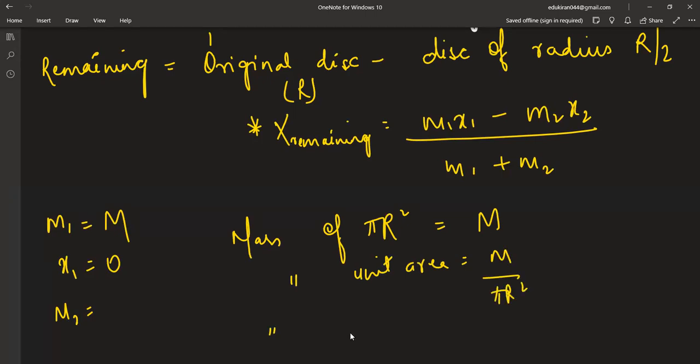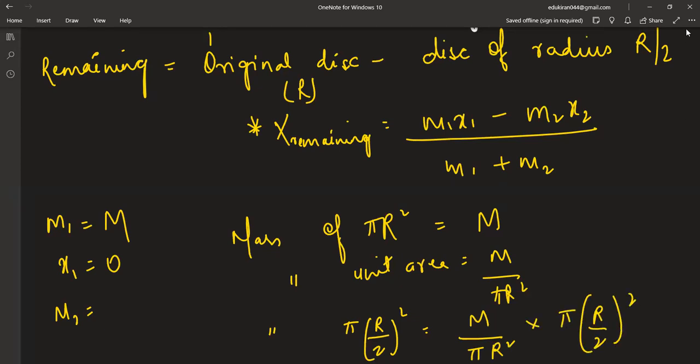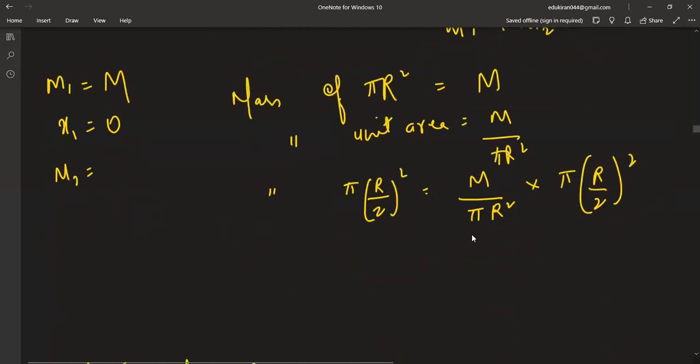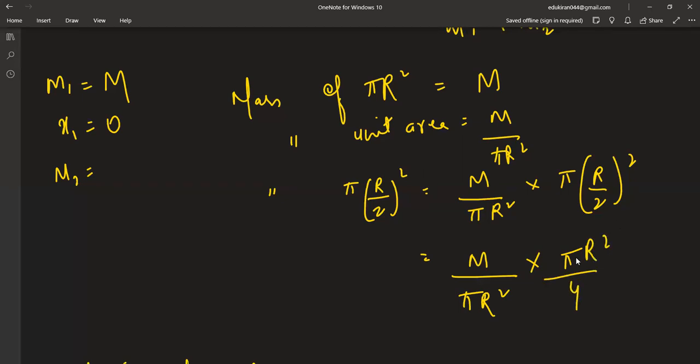So the mass of pi r by 2 whole square will be m by pi r square into pi r by 2 whole square. So this becomes m by pi r square into pi r square by 4. Pi r square gets cancelled. We obtain m by 4. So the second mass is m by 4, right?